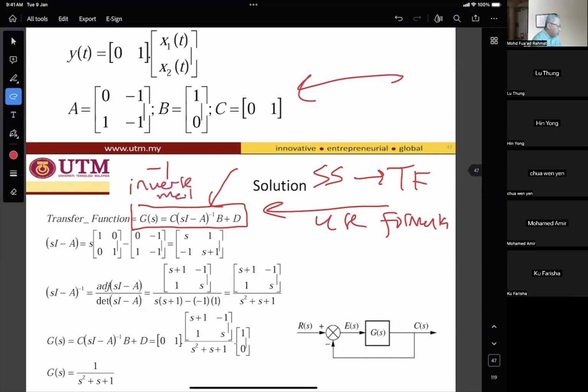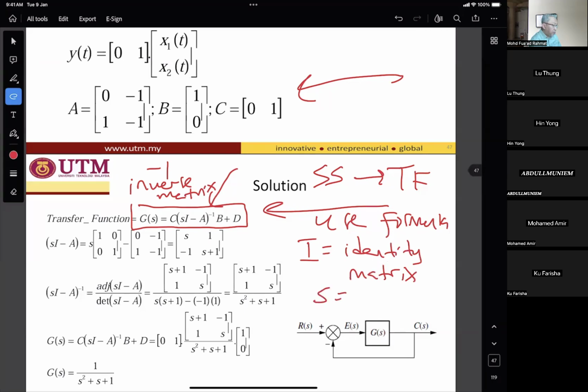Okay. And the I in this formula is the identity matrix. Repeat after me: identity matrix.